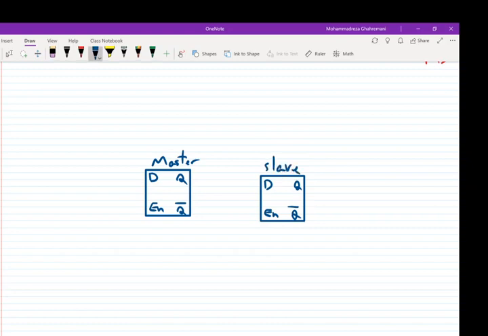And we connect the output of the master to the input of the slave, and we call it Q sub M. The output of the slave, we call it Q sub S. The input of the master is connected to the data input.